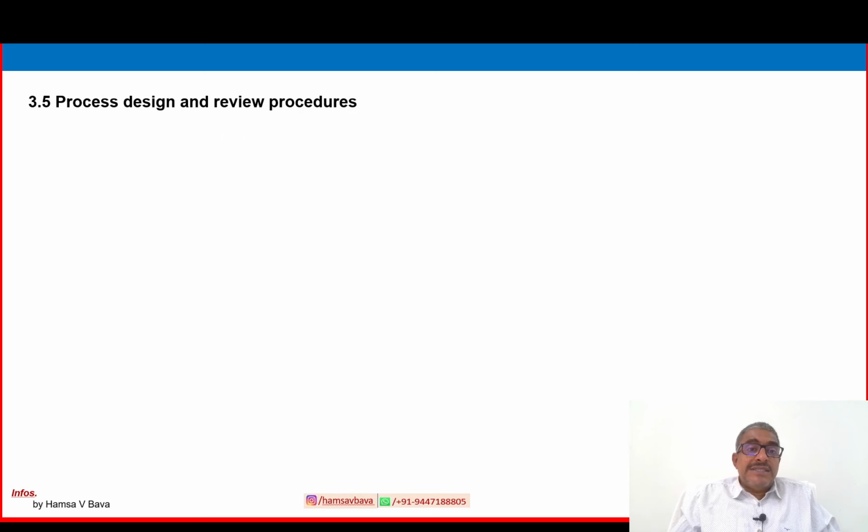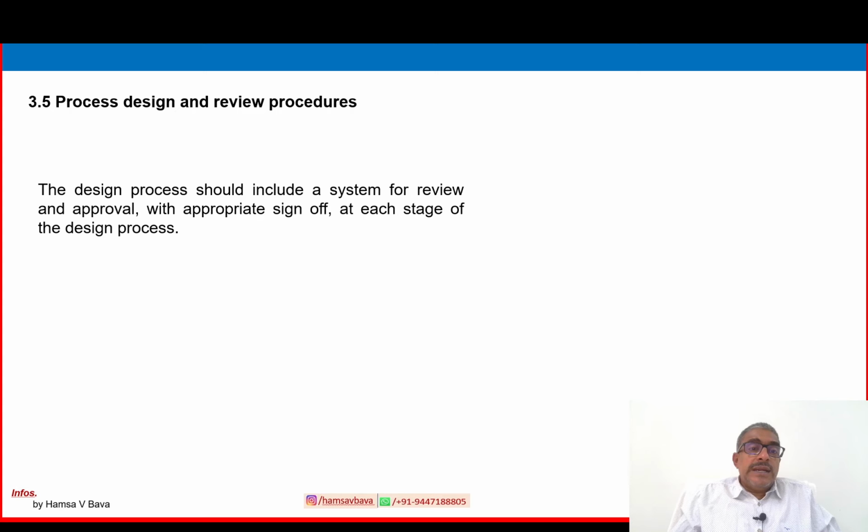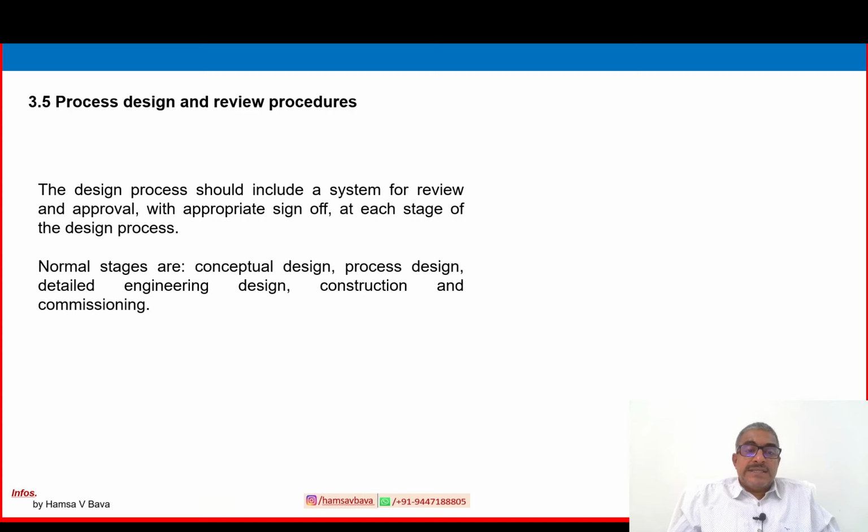3.5 is process design and review procedure. The design process should include a system for review and approval with appropriate sign off at each stage of the design process. Normal stages are conceptual design, process design, detail engineering design, construction and commissioning. These are the normal design stages.